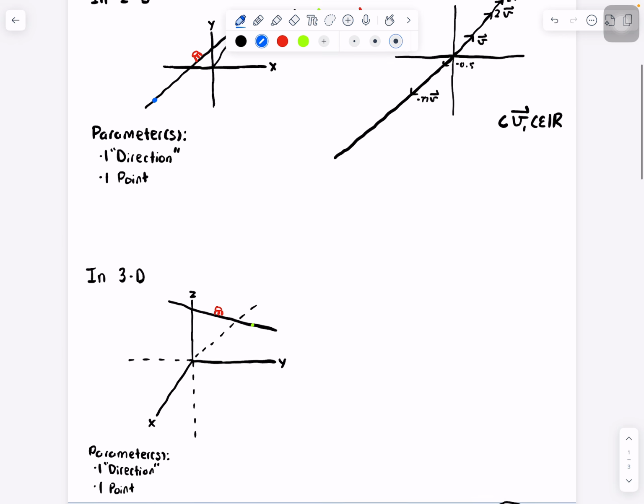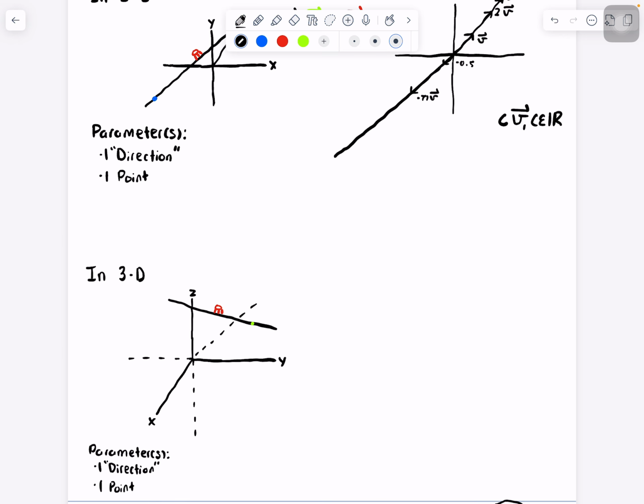Similarly for 3-dimensional space, nothing is different here. I just need to get on top of the line itself originally. Okay? And now let's say I want to define some vector on the line. We'll use this as our direction. Let's say it's this one right here. And now let's say I want to get to maybe where this bug is at.